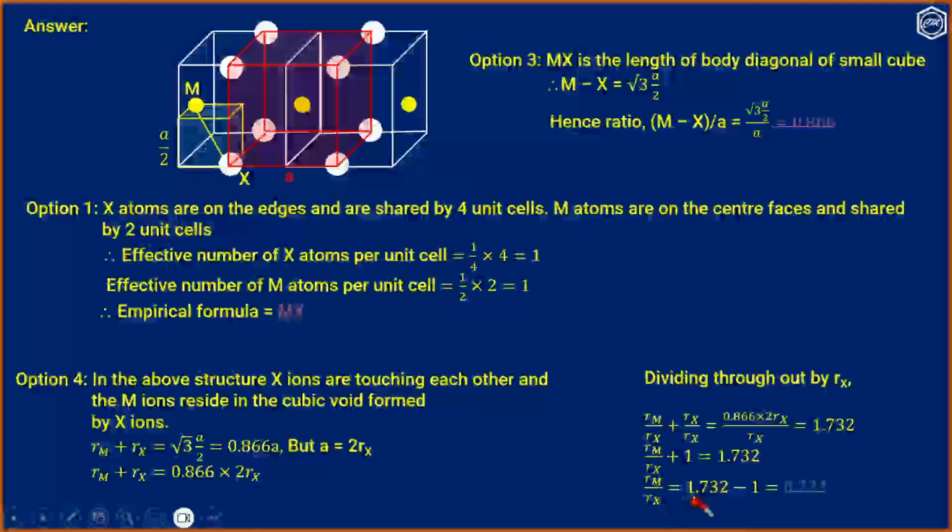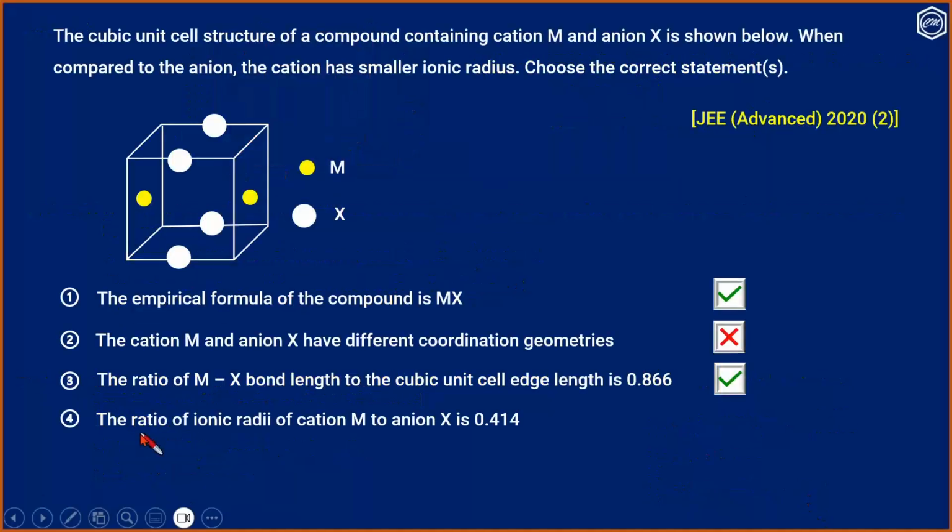Now Rm by Rx is equal to 1.732 minus 1, that is 0.732. That is the radius of the M ion by radius of the X ion is equal to 0.732. But in option 4 it is given as 0.414. So option 4 must be incorrect. So option 1 and option 3 are the correct options.